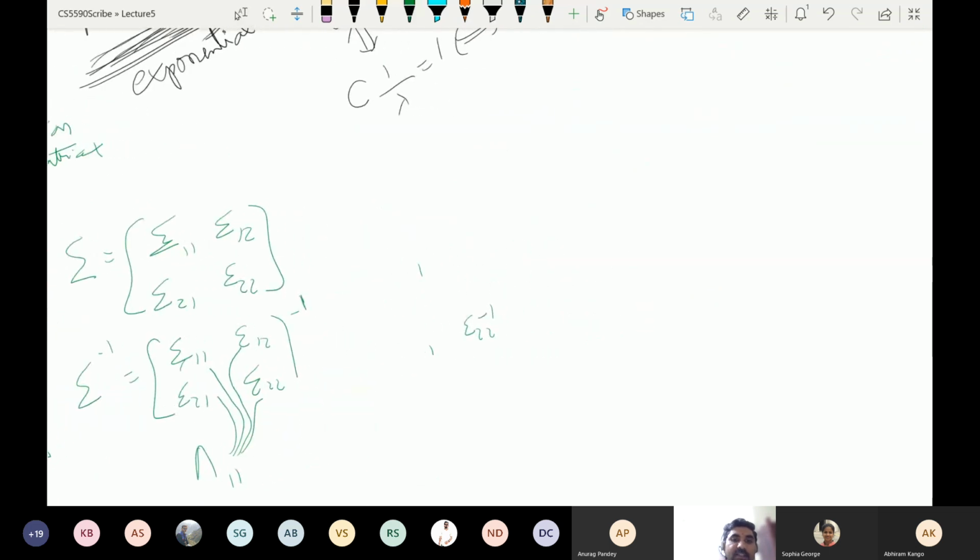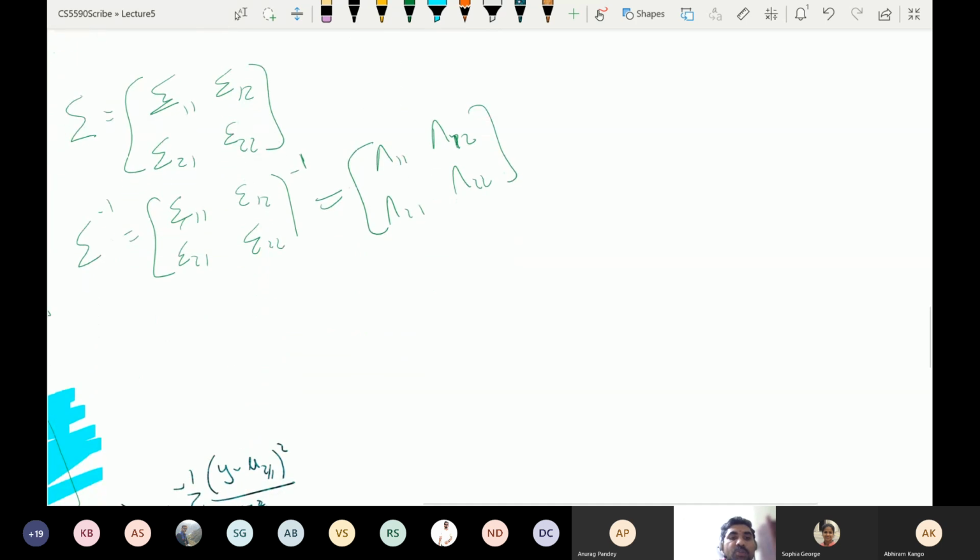So it so happens that somebody already computed this in terms of lambda 1 1, lambda 1 2, lambda 2 1, and lambda 2 2. The formula is called Schur complement formula. What the formula does is it gives values for these lambdas in terms of these matrices sigmas, and that is useful, right?